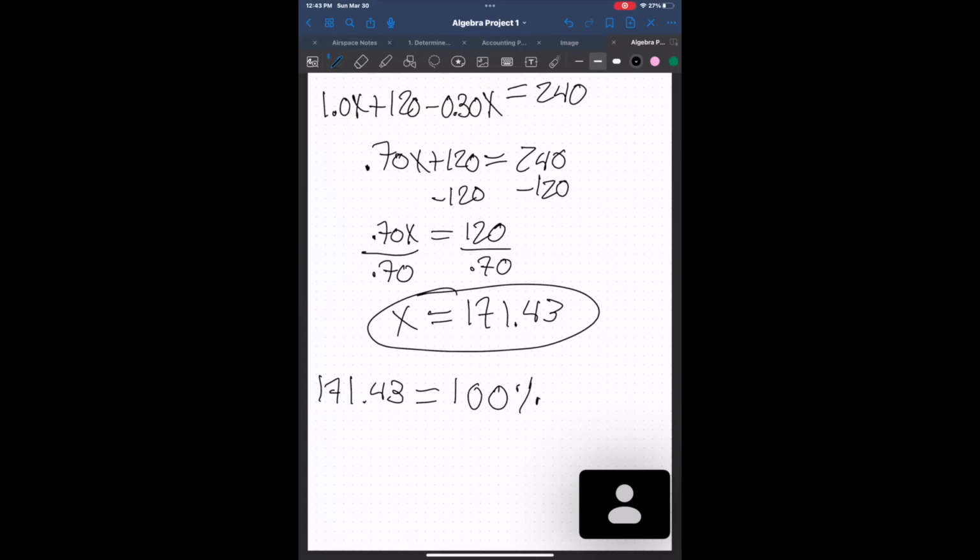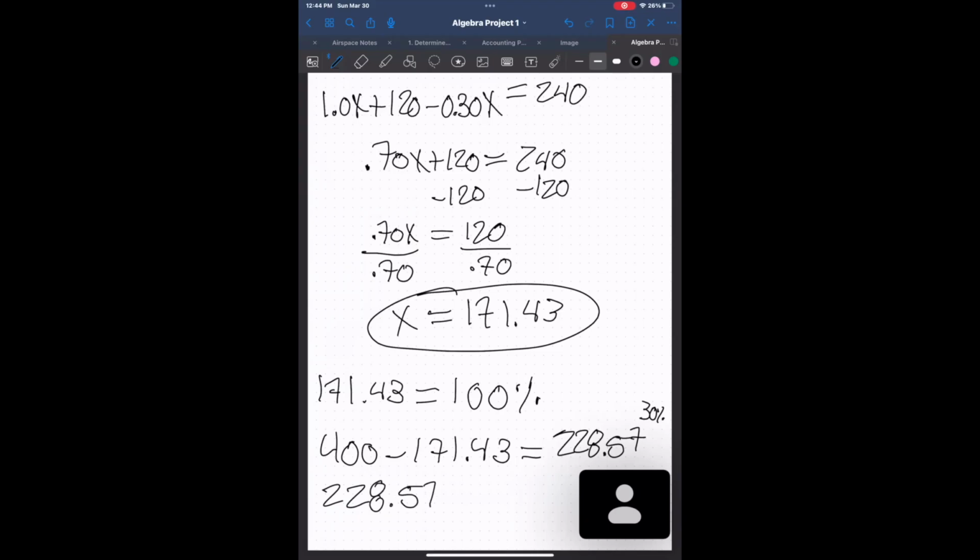And if we know the total is 400, 400 minus 171.43 equals 228.57, 30%. So it's going to be 228.57, 30%. We use a lot of 30%.